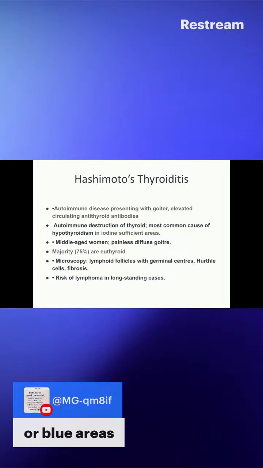Afterward, as time passes, the autoantibodies attack more and more and destroy the thyroid follicles. When there is widespread destruction, some of the thyroid keeps secreting thyroid hormones while some stops, so it results in a euthyroid status, which is not hyperthyroidism and not hypothyroidism.